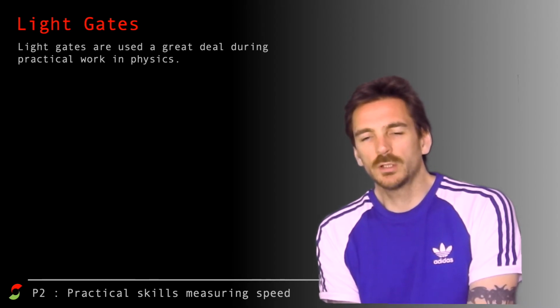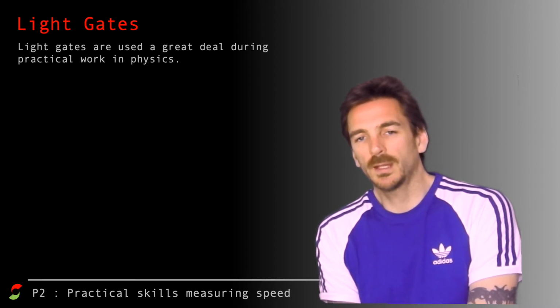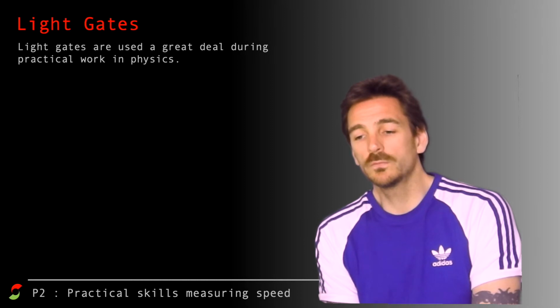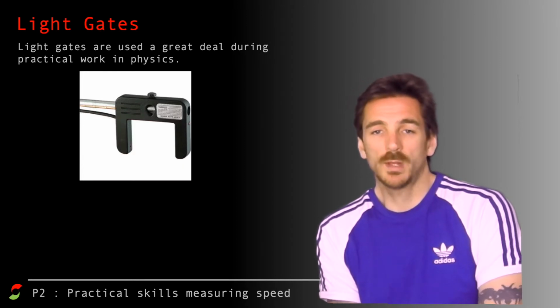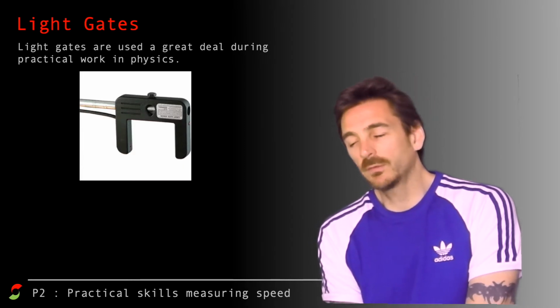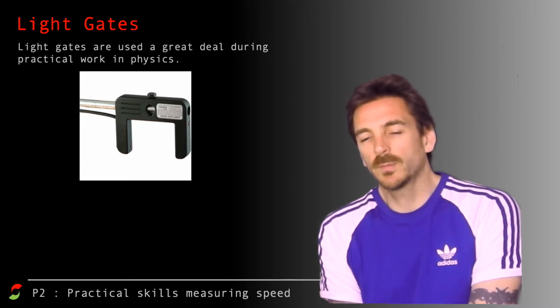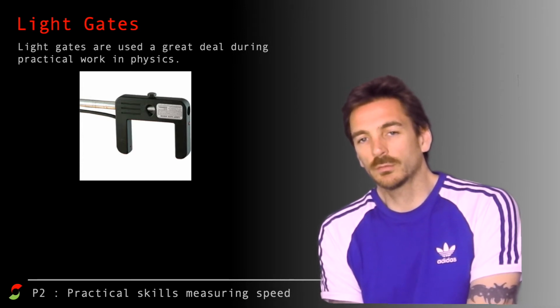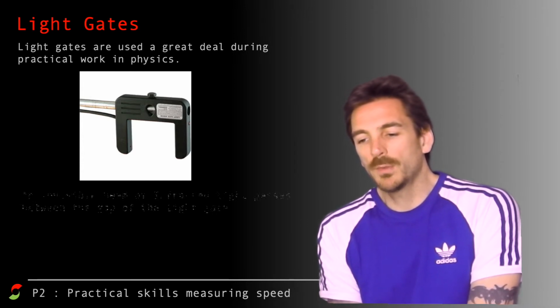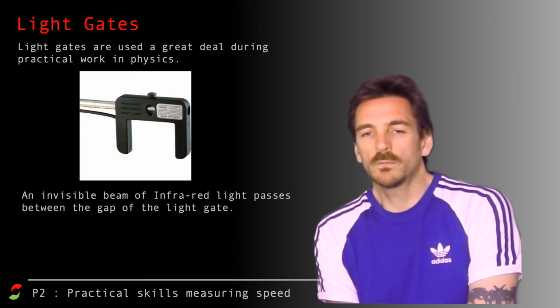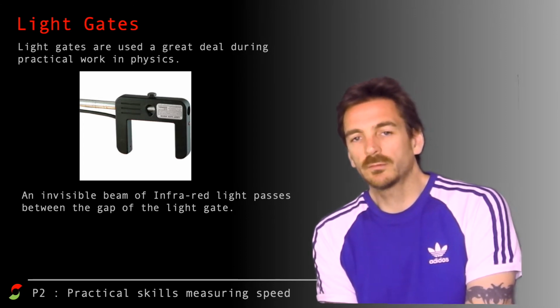So light gates are used a great deal in physics, and that's down to just removing the human aspect of doing the timing. And this is what they look like, and you may have seen something similar in your practical experience. What you might not be aware of is that there's an invisible beam of light between them.